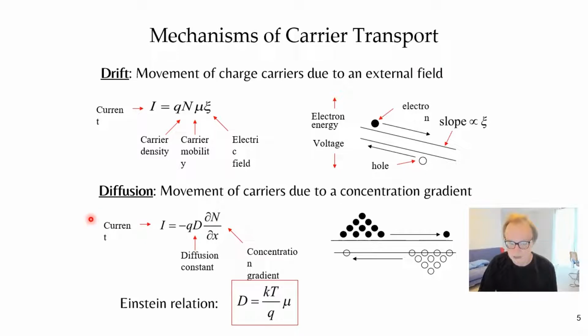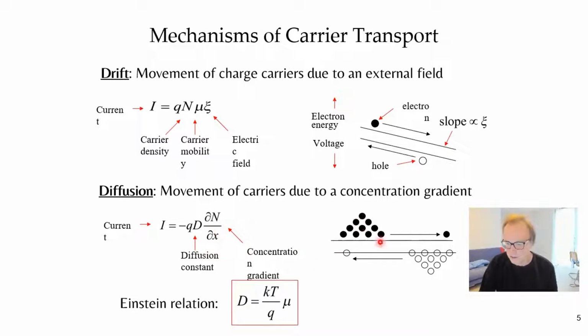The second mechanism is diffusion, which is the movement of carriers due to a concentration gradient. In this case, the current is proportional again to the electric charge of an electron times minus the diffusion constant times the gradient of the concentration of electrons per length cubed.